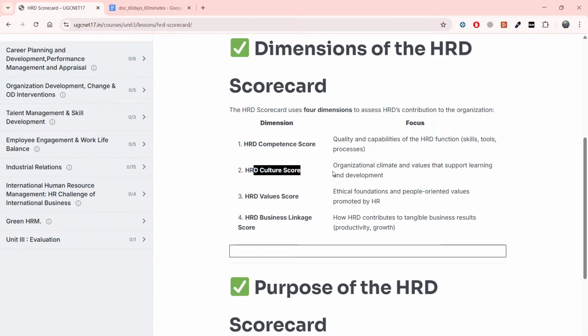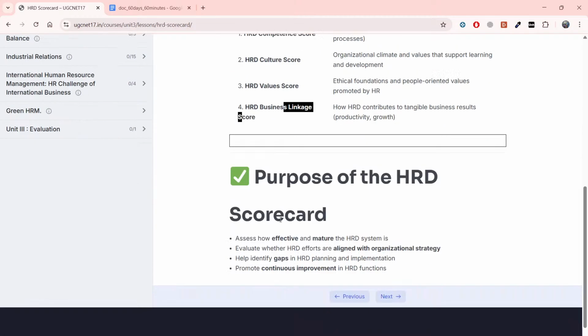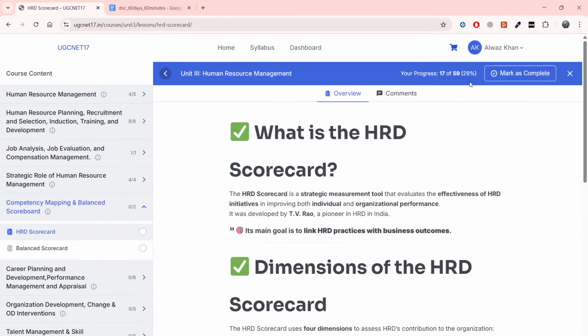HRD values score: ethical foundation and people-oriented values promoted by HR. HRD business linkage: how HRD contributes to tangible business results, productivity growth. HRD competence score, HRD culture score, HRD values score, HRD business linkage score. So four dimensions.